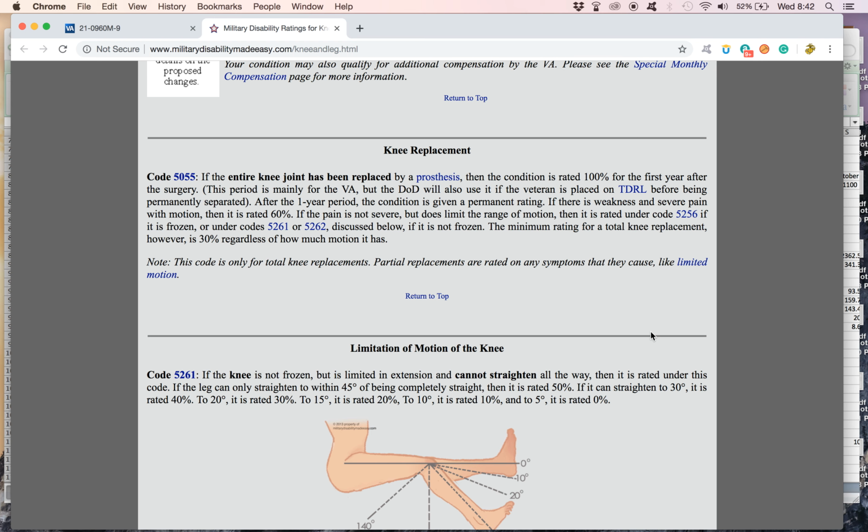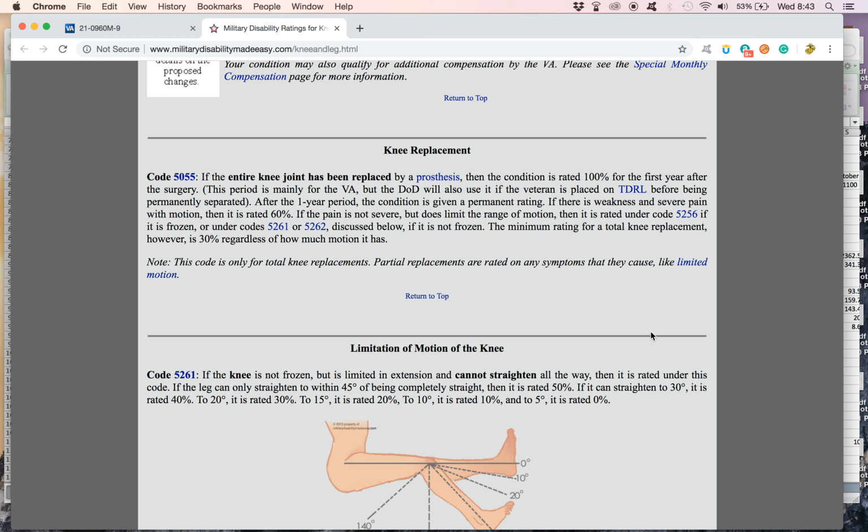Based on that situation, if you end up putting all your weight on your other knee, compensating, whether it's left or right, and you start to see that your other knee is starting to give out, that becomes a secondary injury to your primary injury, which is the knee that you originally started with, with the limited range of motion and instability. And you could put in for this.